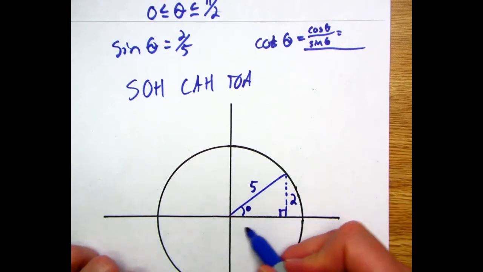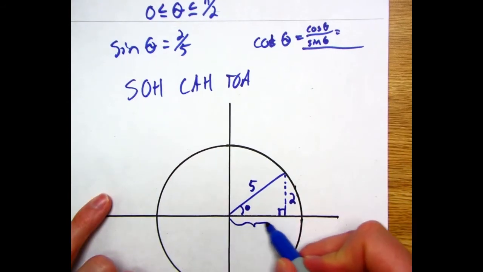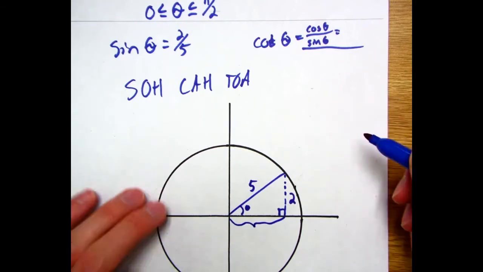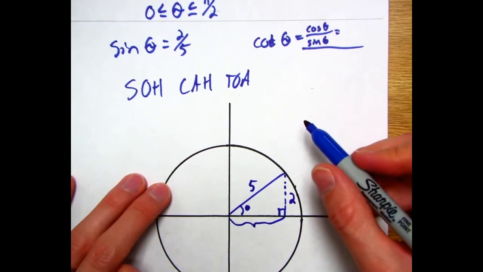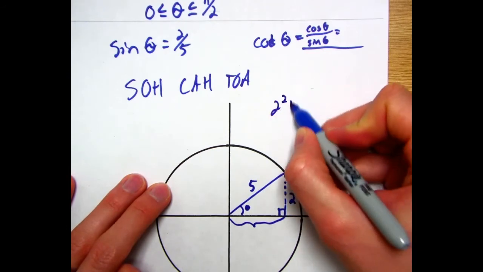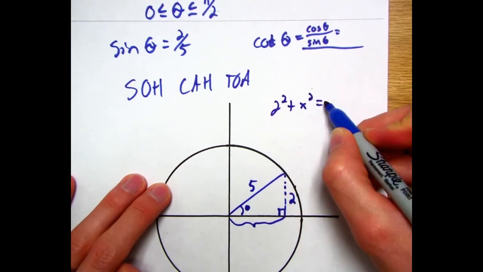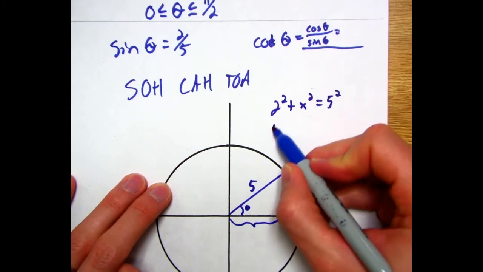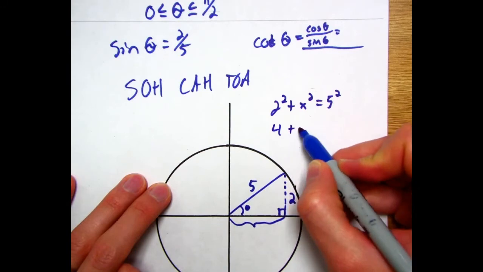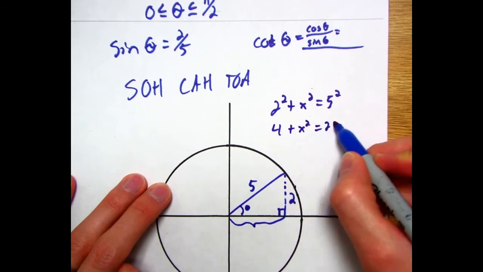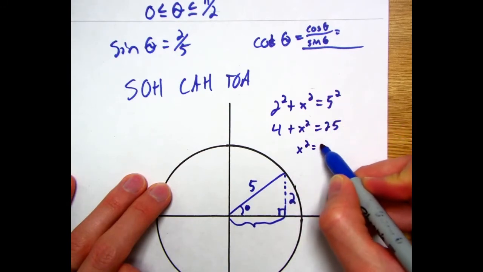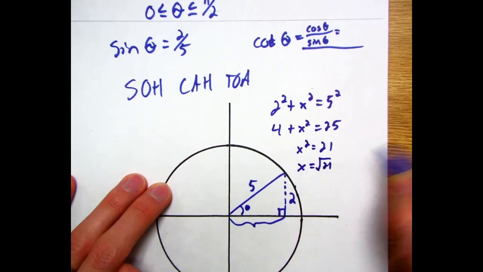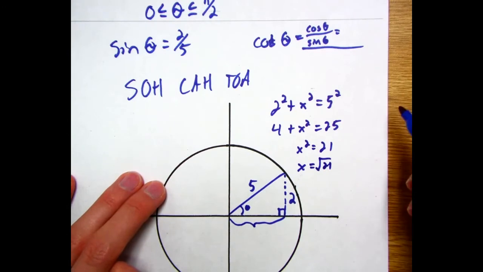I just have to figure out what this coordinate is right here, and I should be able to figure out cotangent from there. All right, so we're going to do Pythagorean theorem. We're going to do 2 squared plus x squared equals 5 squared. So 4 plus x squared equals 25. X squared equals 21. And that means x is the square root of 21. All right.